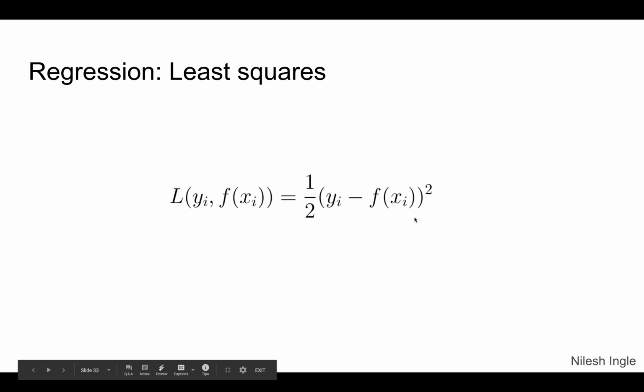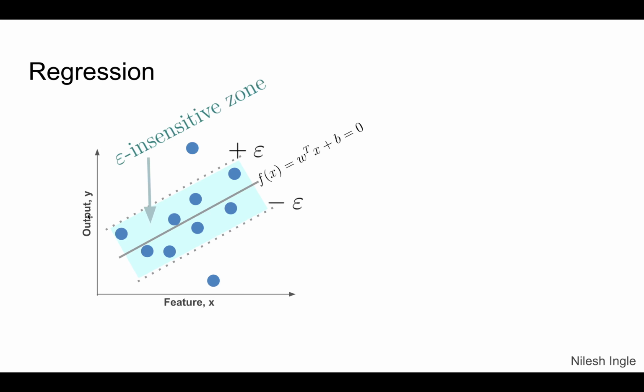The idea of the epsilon insensitive loss is shown here in this plot. Let's say we have a feature x and the output y. These are the data points, and we fit this straight line through those data points. In addition to that, we have these dotted lines running parallel to this line f of x, denoted here by plus epsilon and minus epsilon.